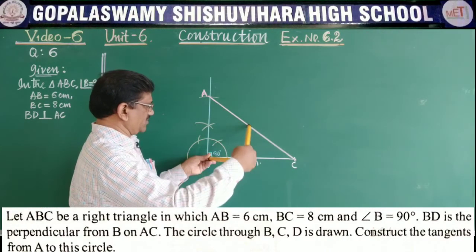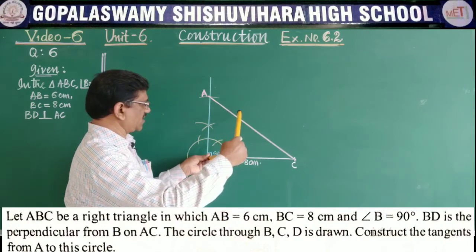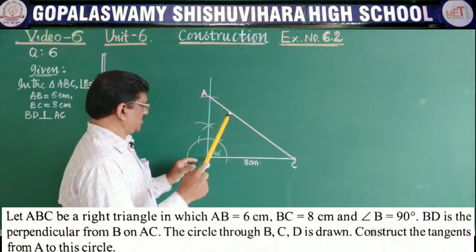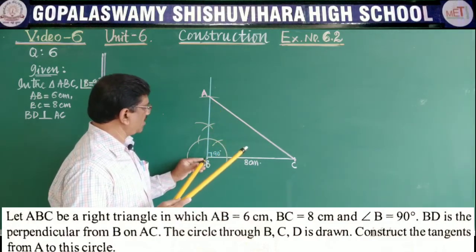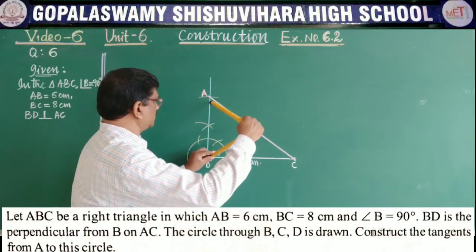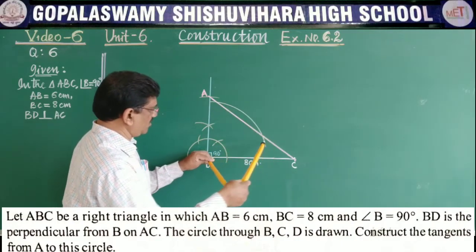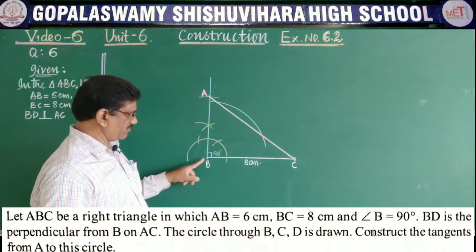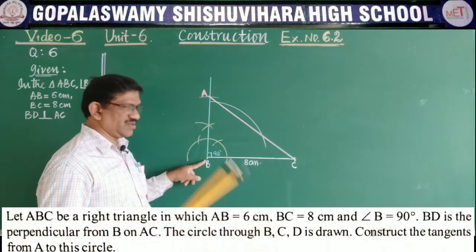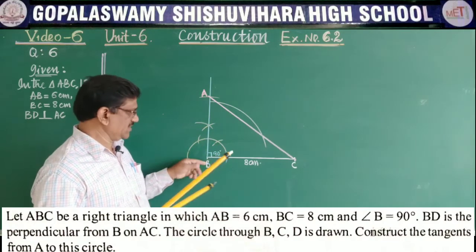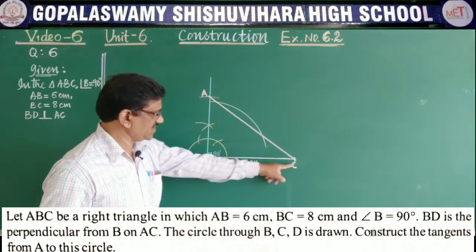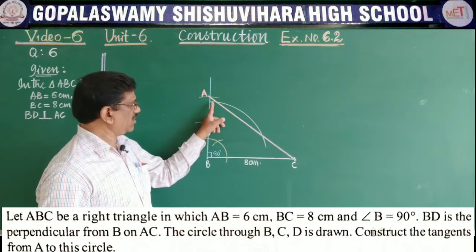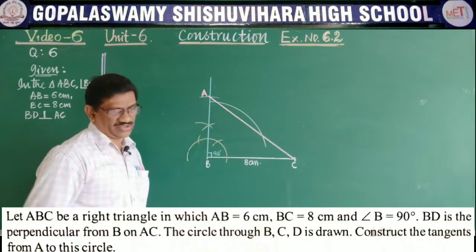So here you see I am taking the convenient radius. From B I am cutting the line segment AC at 2 points. So from B with a convenient radius I am cutting AC with an arc at 2 distinct points.